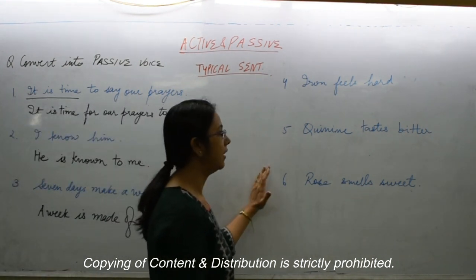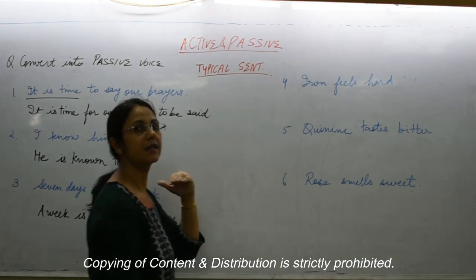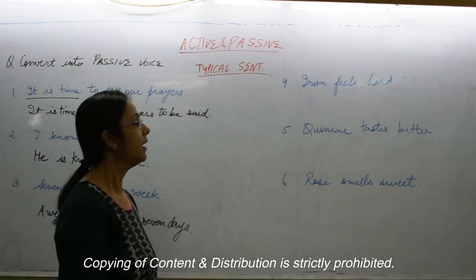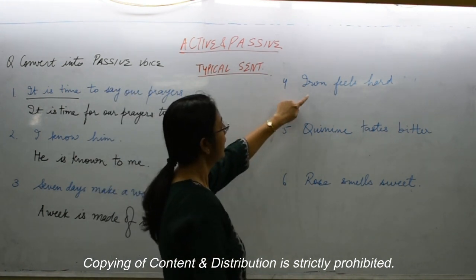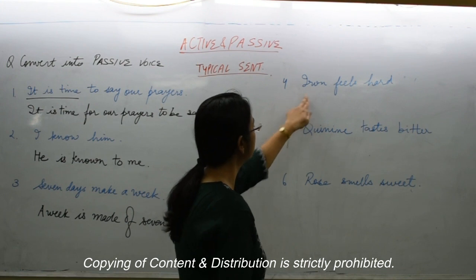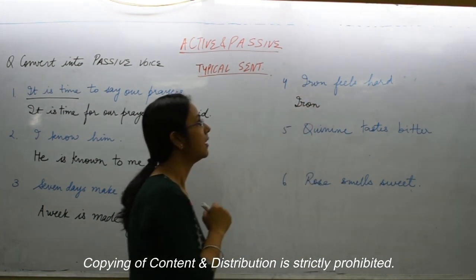Iron feels hard, quinine tastes bitter, and rose smells sweet. They are other typical sentences, and let's see how they get converted. What we do is, iron will remain as it is.